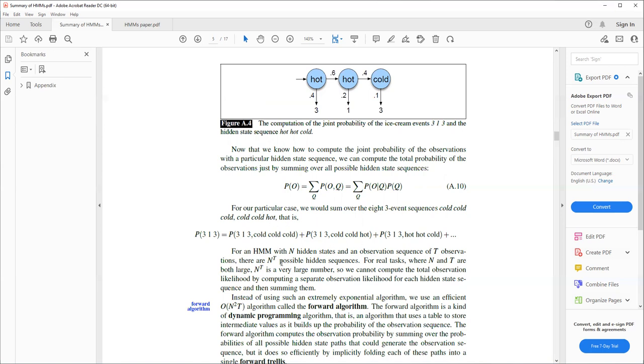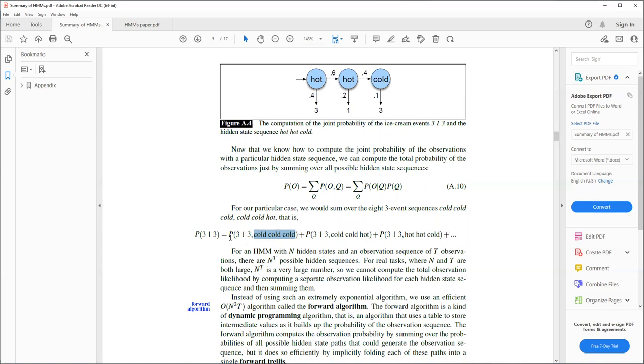Each of these can have 2 possible values, and since there are 3 such values, you'll have a total of 8 different possibilities, starting from cold and ending up with hot.